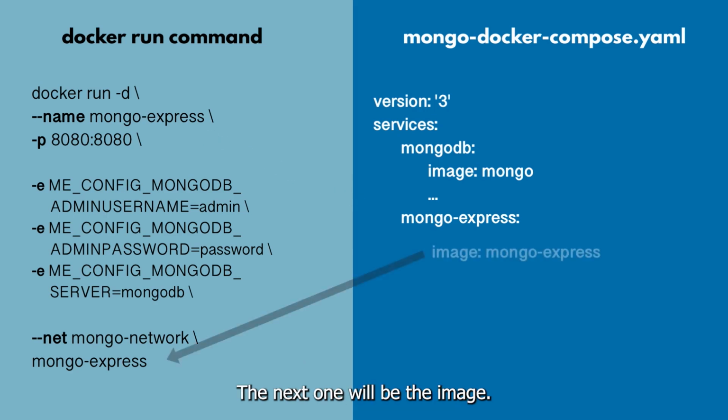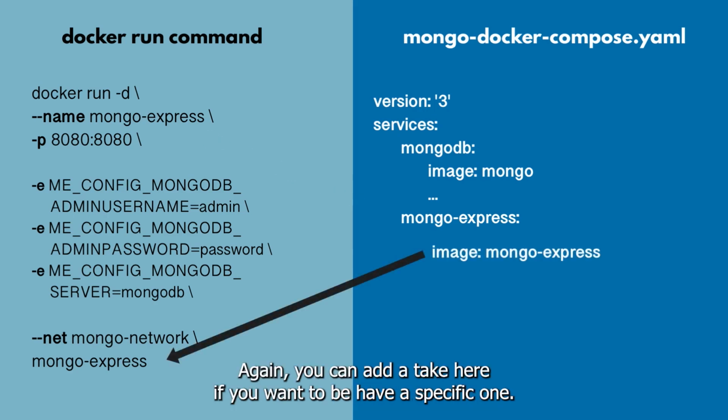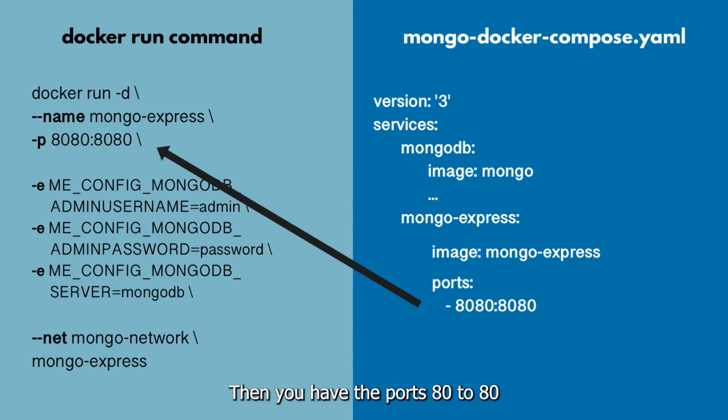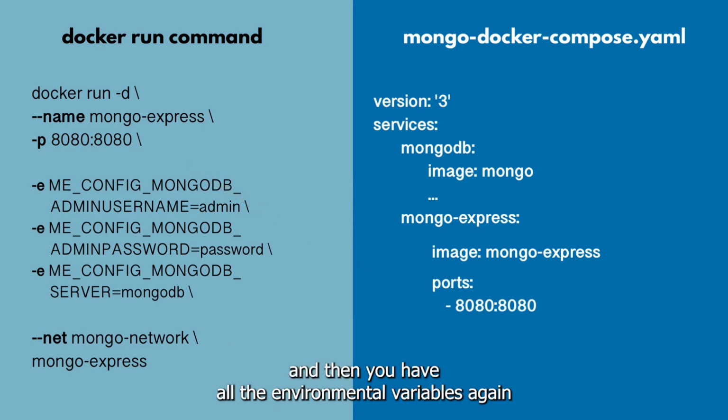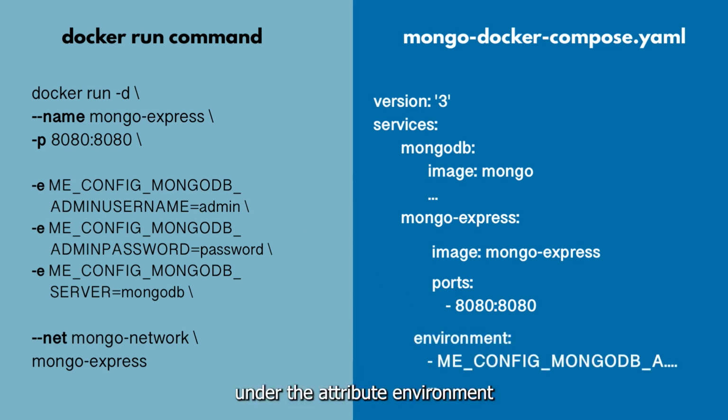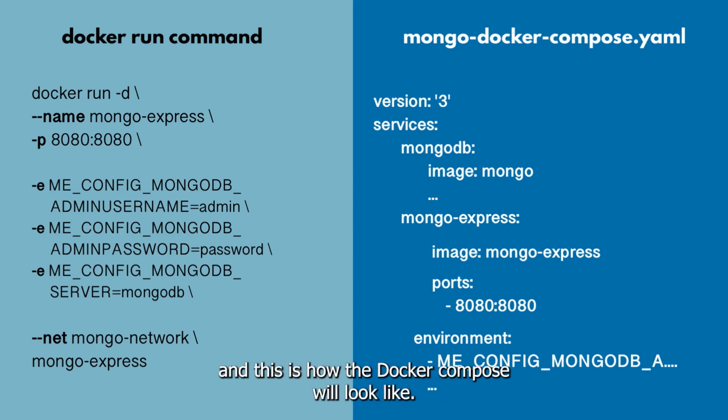The next one will be the image. Again, you can add a tag here if you want to have a specific one. Then you have the ports, 80 to 8080. And then you have all the environmental variables, again, under the attribute environment. And this is how the Docker Compose will look like.